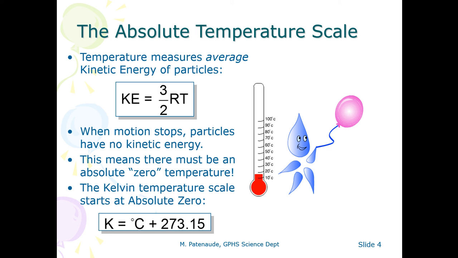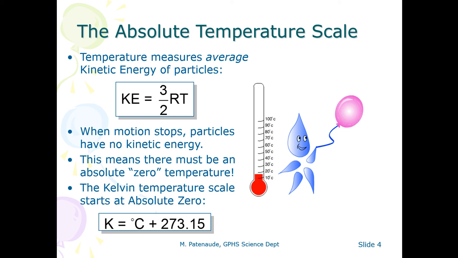The relationship between Kelvin and Celsius is relatively simple. The Kelvin temperature is just the Celsius temperature plus 273.15. So by that logic, if 0 Kelvin is the lowest temperature you can have, you can see from this equation that that will translate into a Celsius temperature of negative 273.15 Celsius.